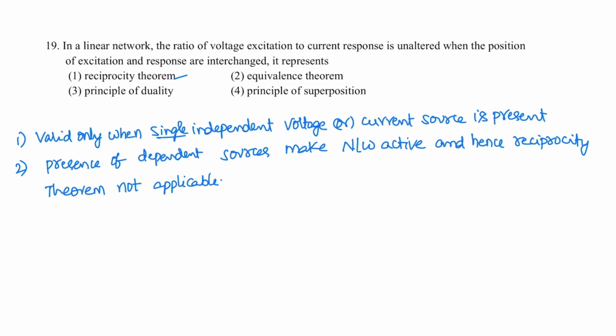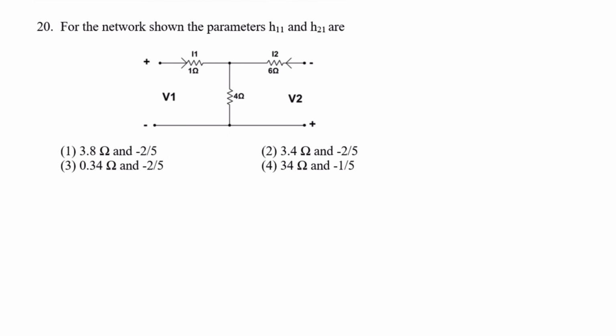If a network contains more than one independent voltage source or independent current source, the reciprocity theorem is not applicable. It is applicable only for linear passive bilateral networks.